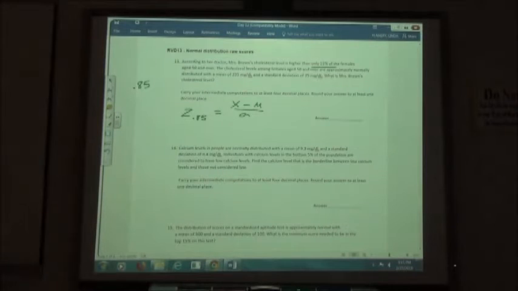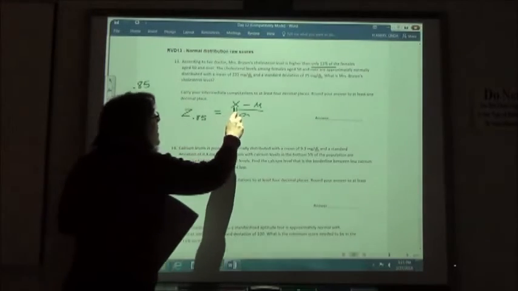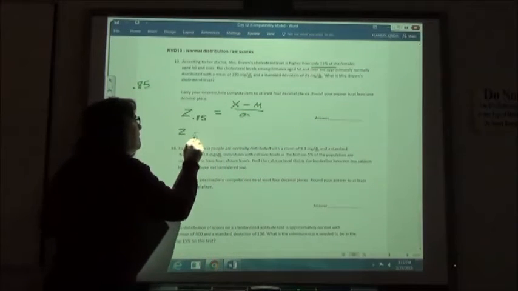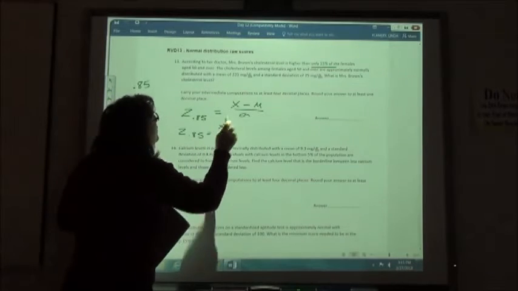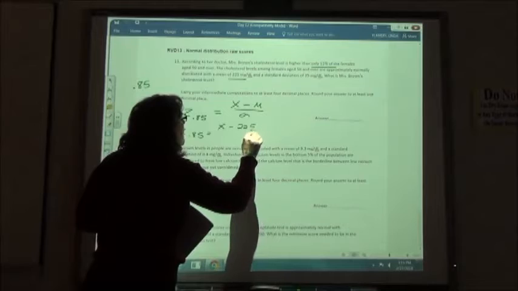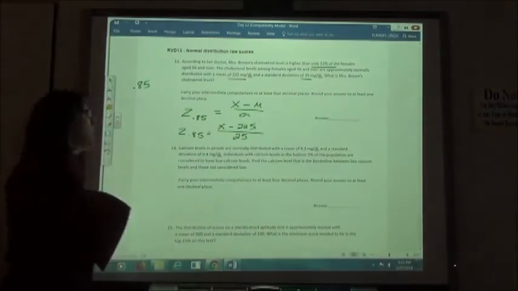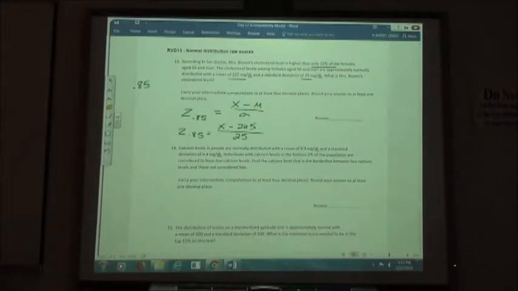We can plug that in there, right? My mean was 225. My standard deviation, 25. We have to solve that for X.